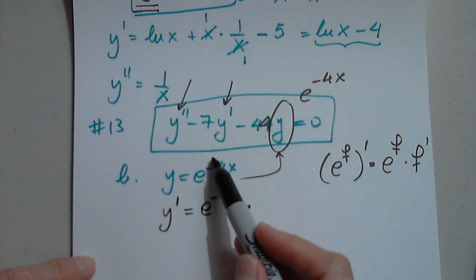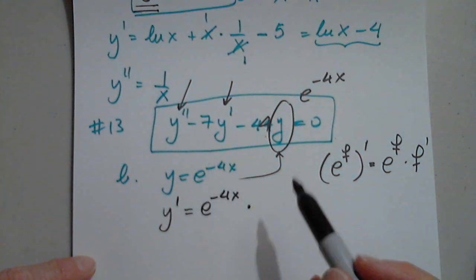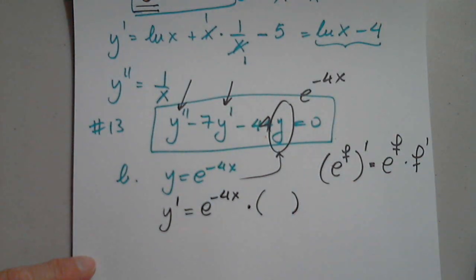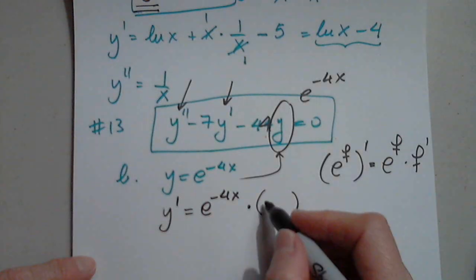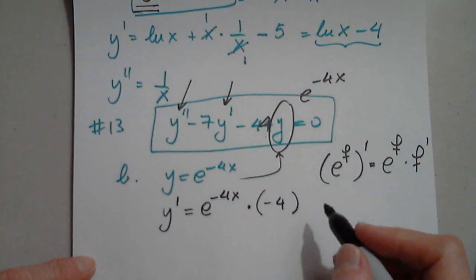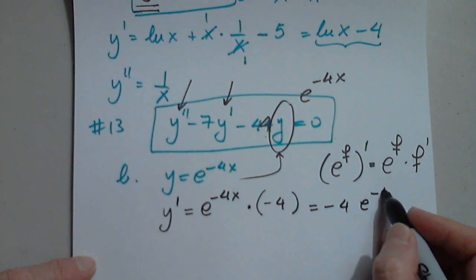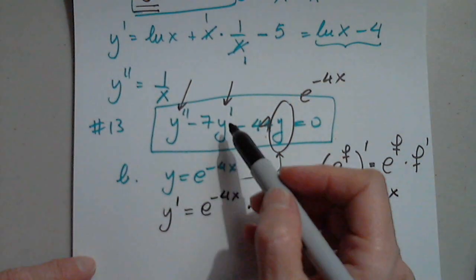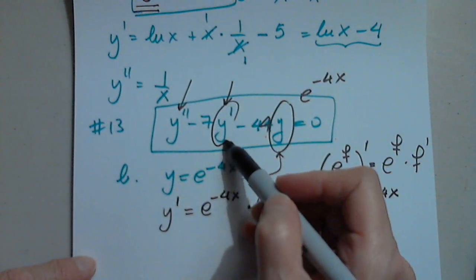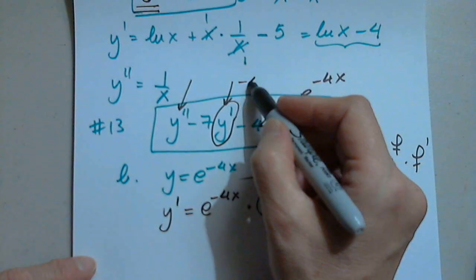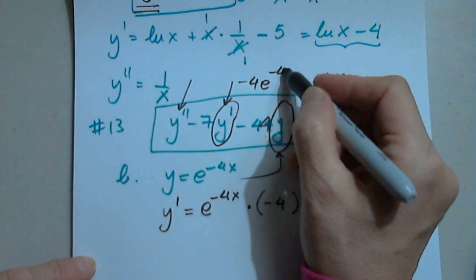What is the derivative of this function? Negative 4. That's it. Awesome. In other words, this is negative 4 e to negative 4x.